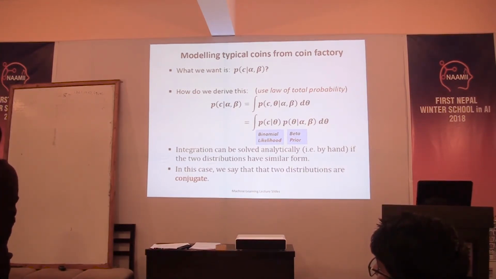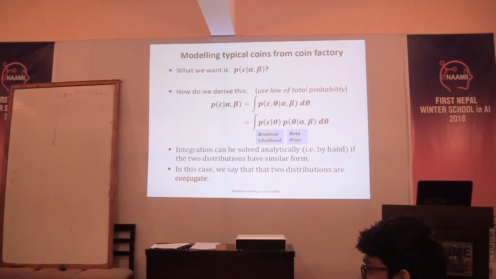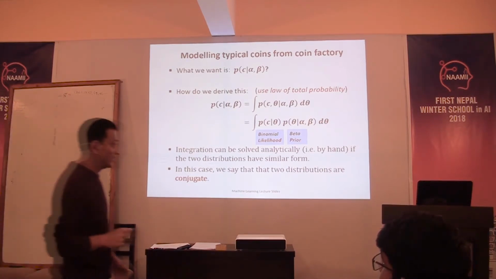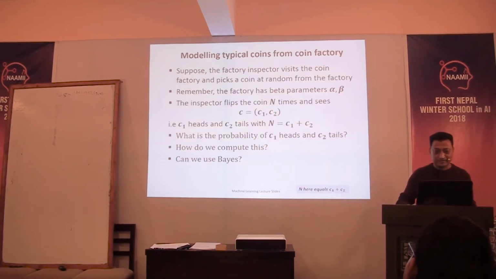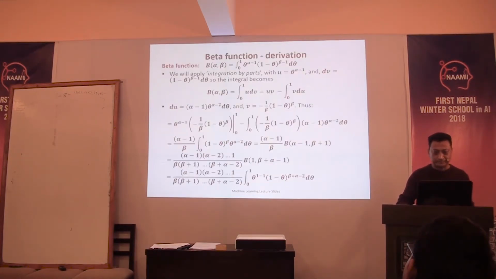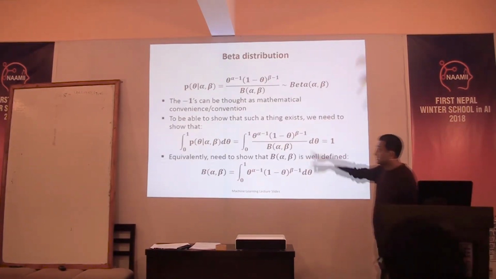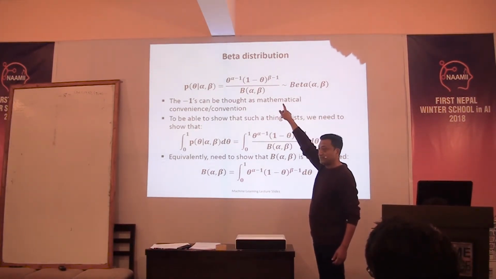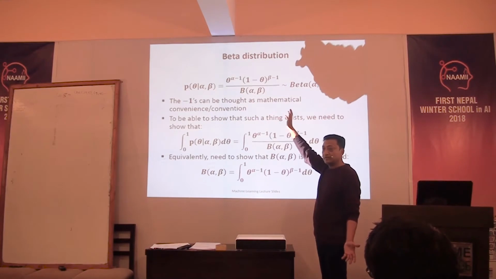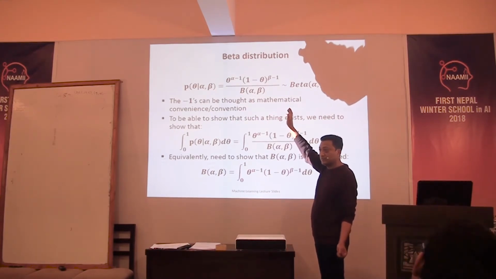So my question is, why is the binomial distribution conjugate to the beta distribution? That's because, as I explained before the tea break, so that's a good question to refresh our memory. That's because if you look at the shape of this distribution, I've deliberately designed this distribution to look very similar to the binomial distribution, right?